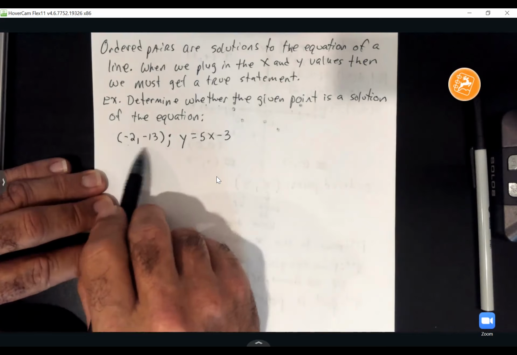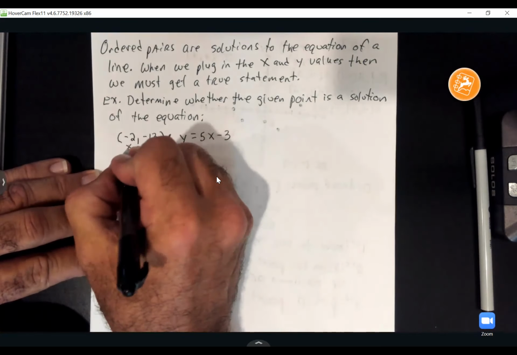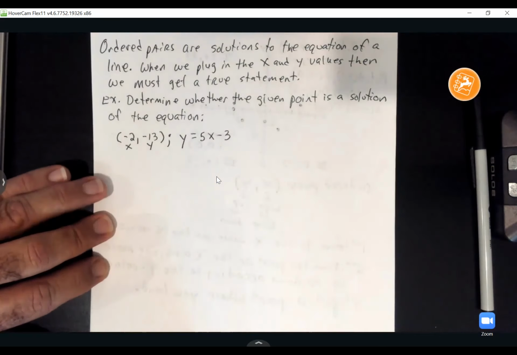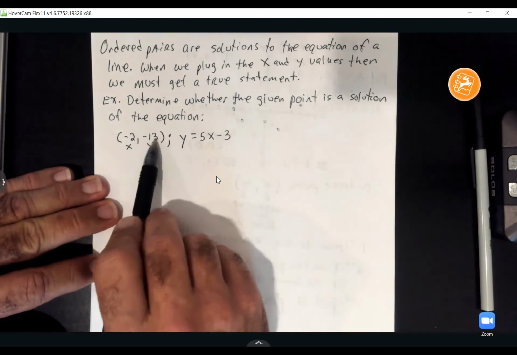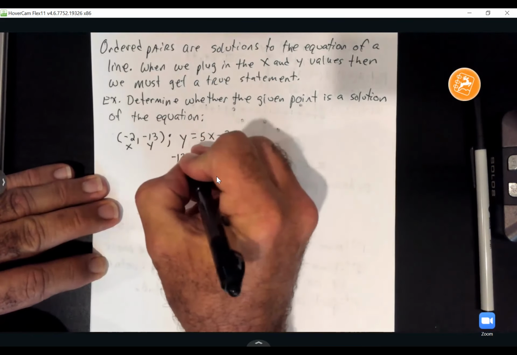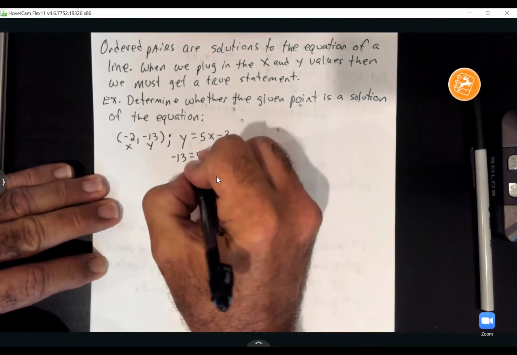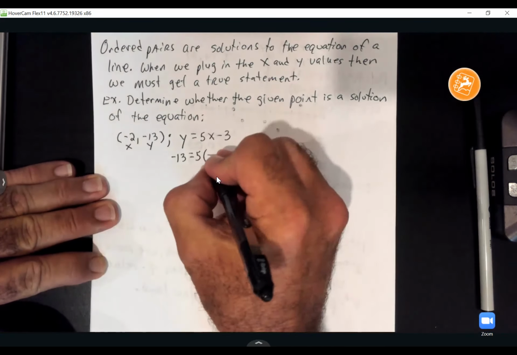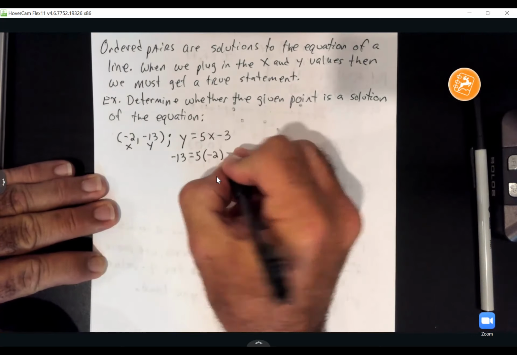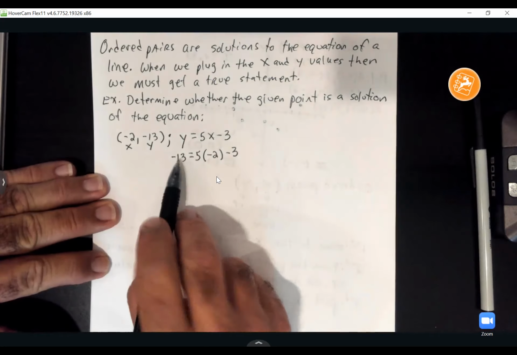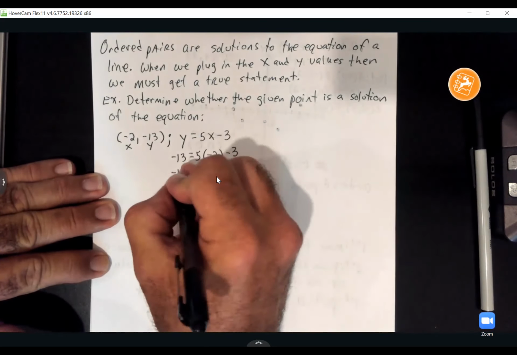So remember the ordered pair here. The first number is your X. The second number is your Y value. So we're going to plug in the -13 for the Y. So that's going to give me -13 is going to equal 5 times X, which is -2, minus 3. So we can't do nothing on the left side, so that's going to stay -13.